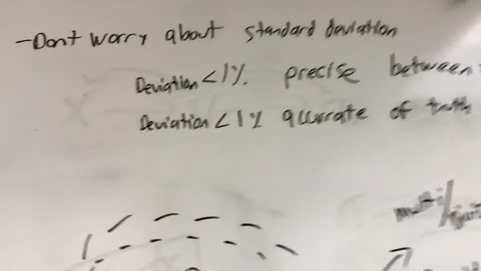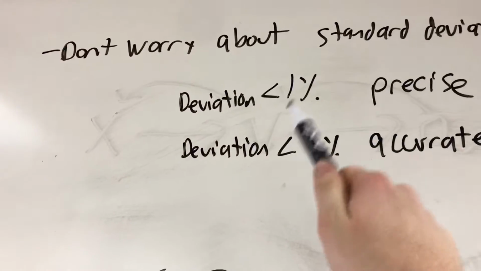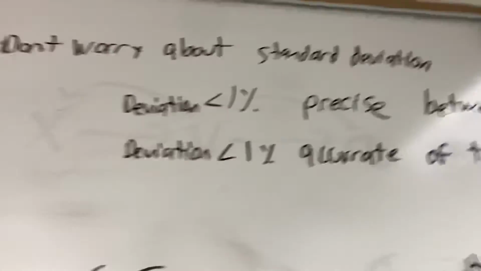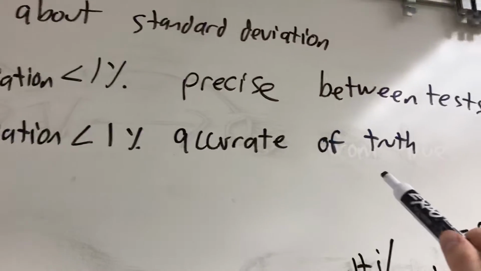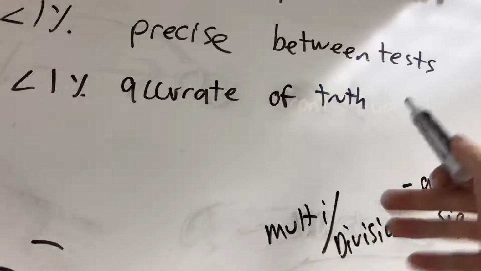But as far as she said, if the deviation between tests is less than 1%, it counts as precise. Anything over that, not precise. Furthermore, if you're less than 1% away from the actual answer, then that is accurate.